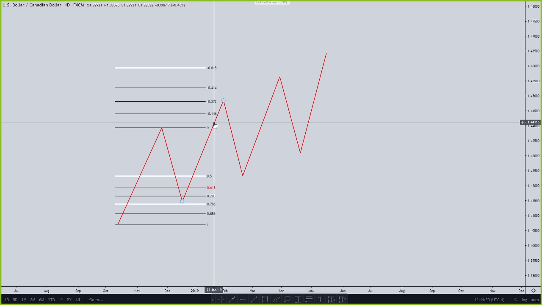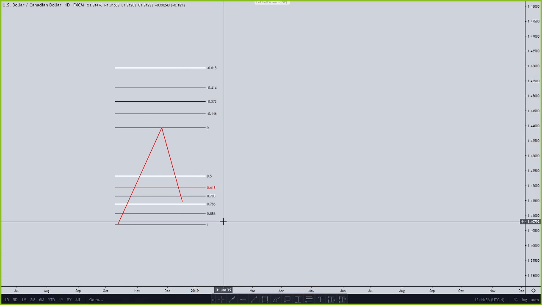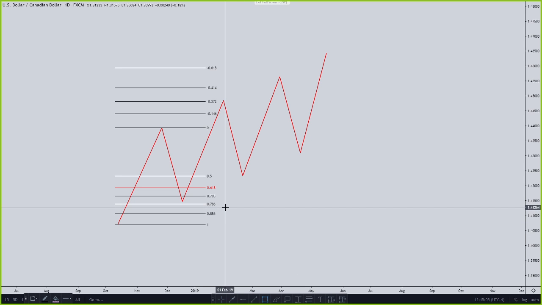If we forget about all of these other lines real quick and just focus on this first up move and then the retracement, a lot of the time what I would like to see happen is price come into this area right here for that retracement before that next move to the upside.